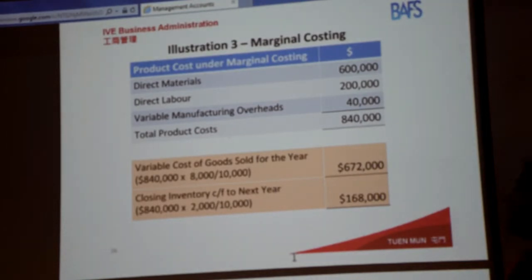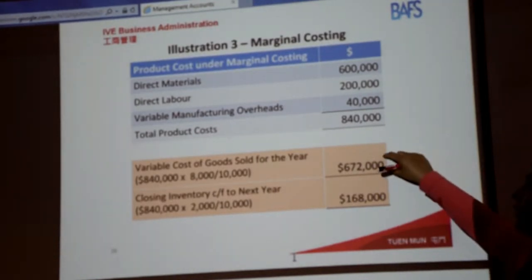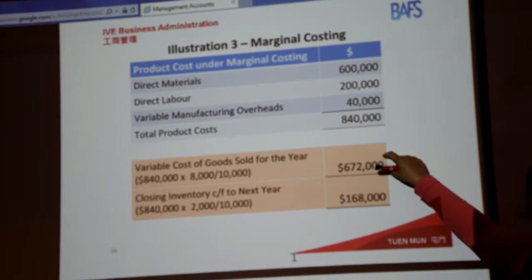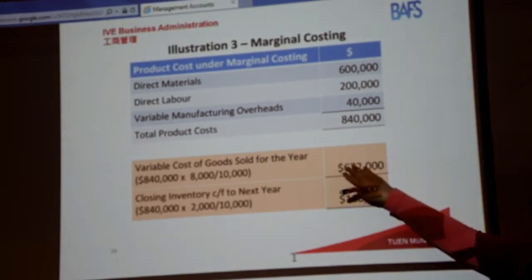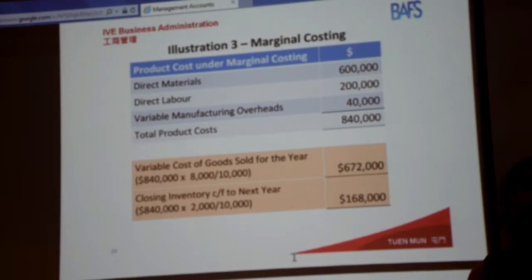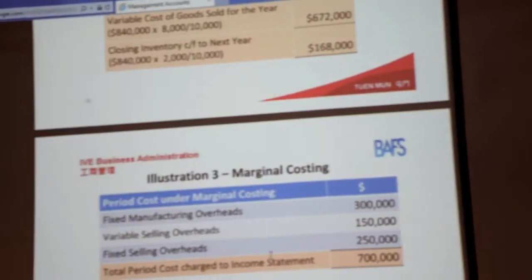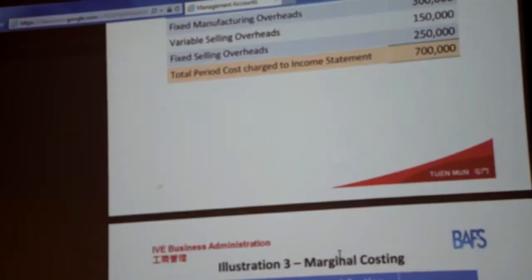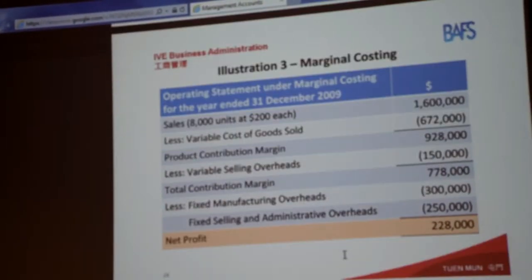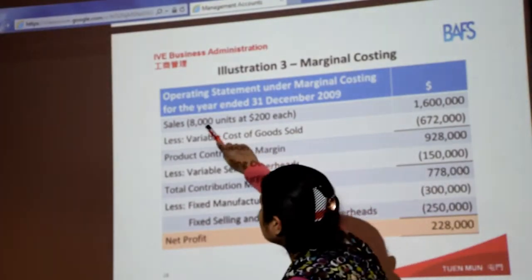Absolutely, that makes sense. So this is what we have to take in our income statement as the cost of goods sold when we are moving forward, because we are just looking at the amount which we have sold. So if we come to the statement now, it's clearly showing we have sold 8,000 units.